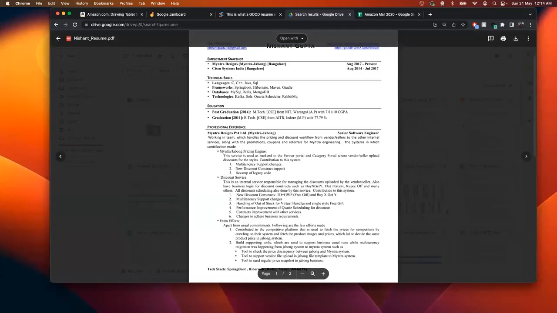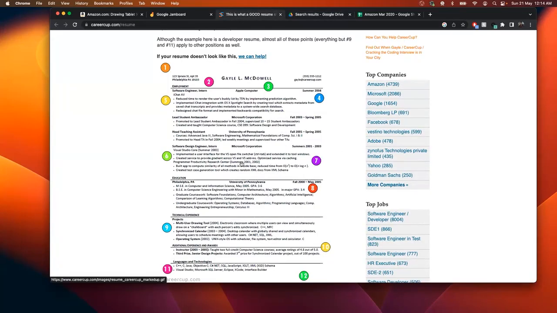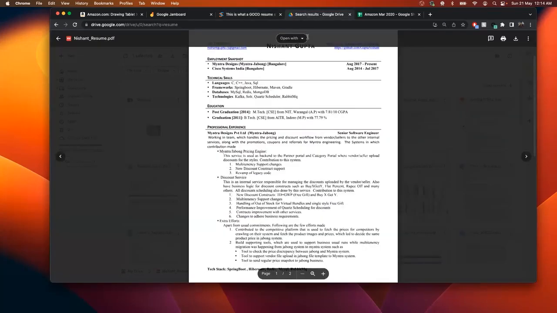You don't need 2 pages. So this resume is motivated from here. The only thing is a few amendments I have done so that it becomes more readable and easy to get information.